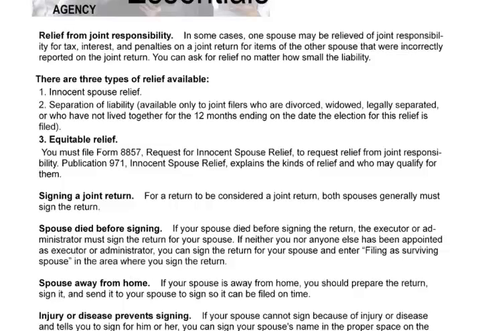So those are things that you have to consider. This is some great information that you want to continue reading so you understand how this works. And also, there is a publication, 971, that shares more about innocent spousal relief that you may want to take a look at.